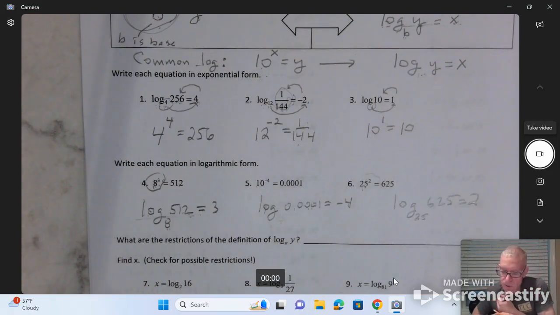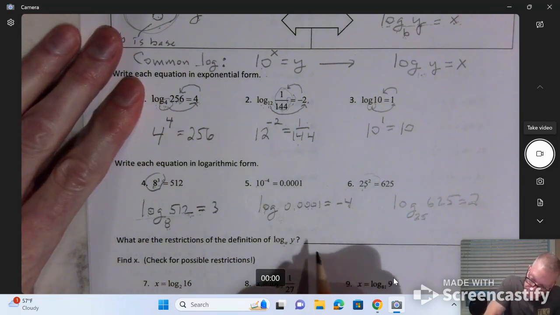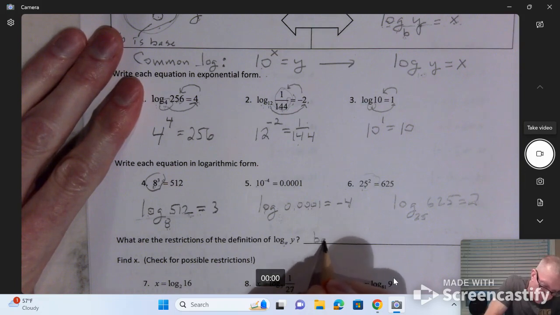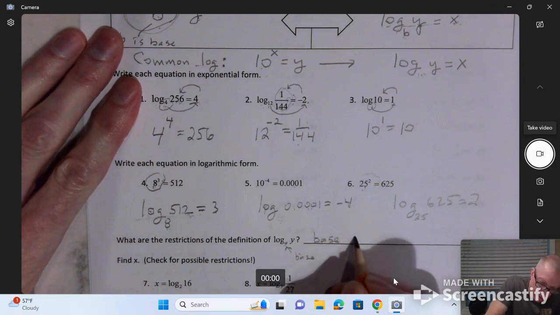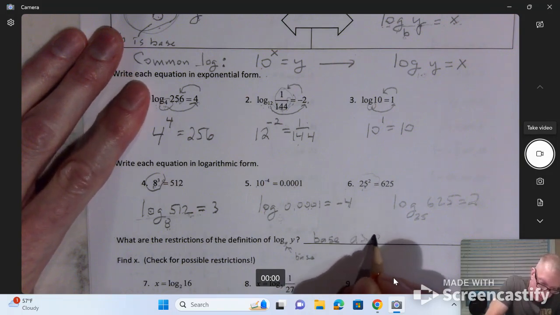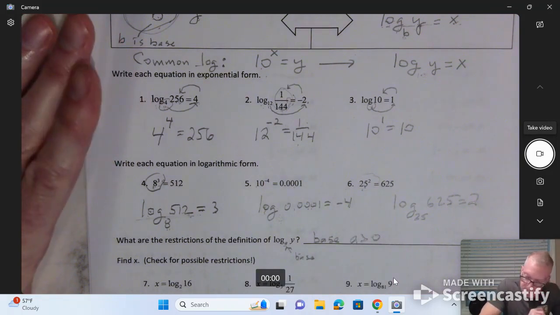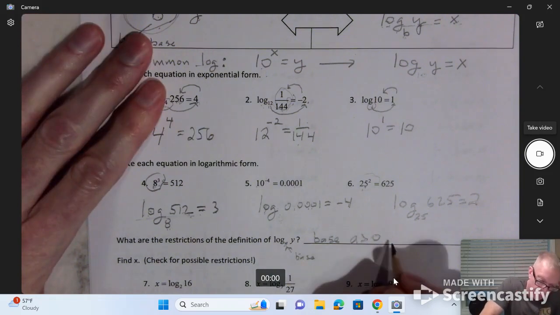Okay, and what are the restrictions on the definition of log base a of y? Well, the restrictions are that your base, here your base is a, must be greater than 0. Okay, you can't have a negative base, and it doesn't make sense to have a base of 0, so it must be greater than 0.